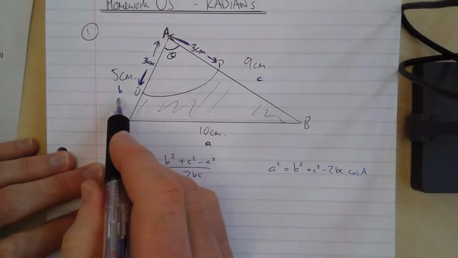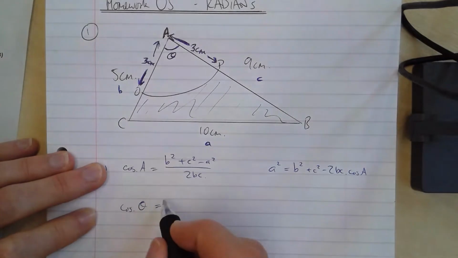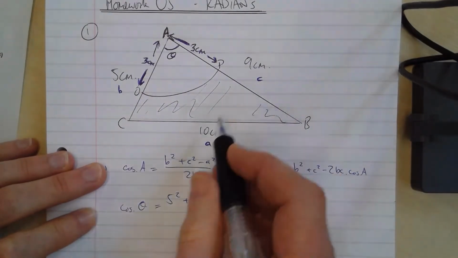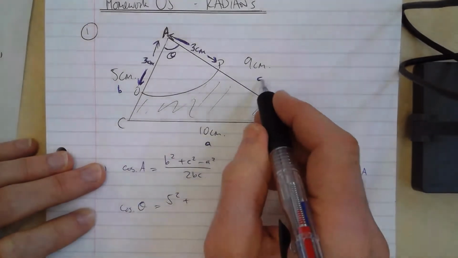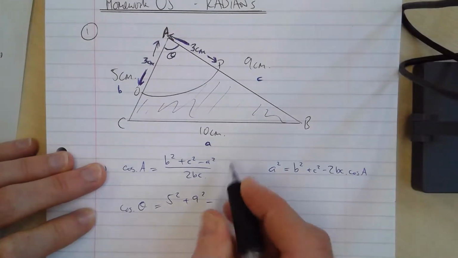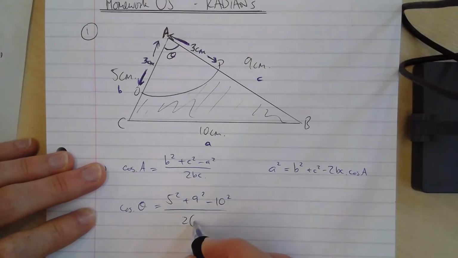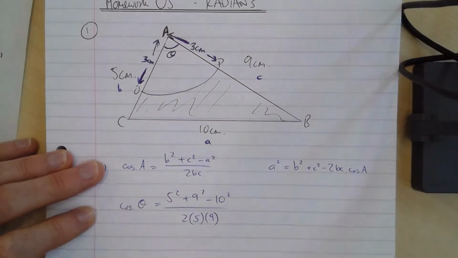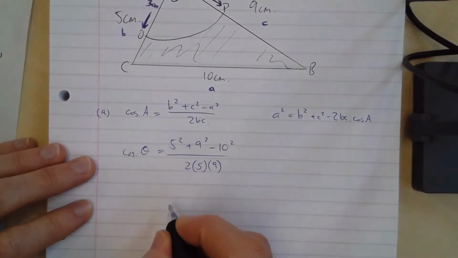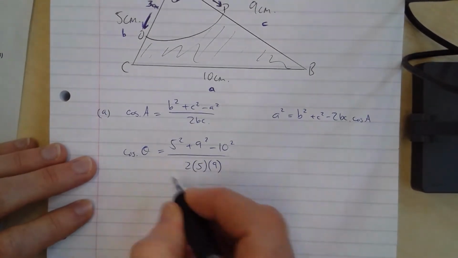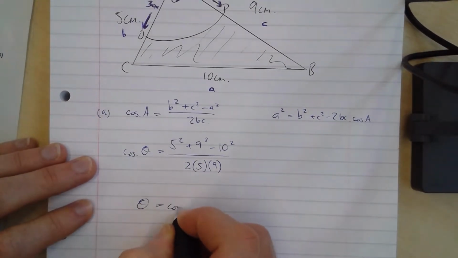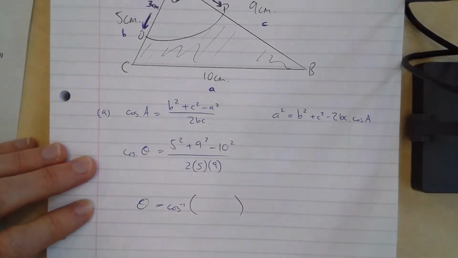B squared: opposite the B there is the 5. Opposite angle C is little c there, so that's 9, and opposite angle A is little a, so that's 10. B is 5 again, and C is 9 again. All we now need to do is churn that through and then inverse cos the result.